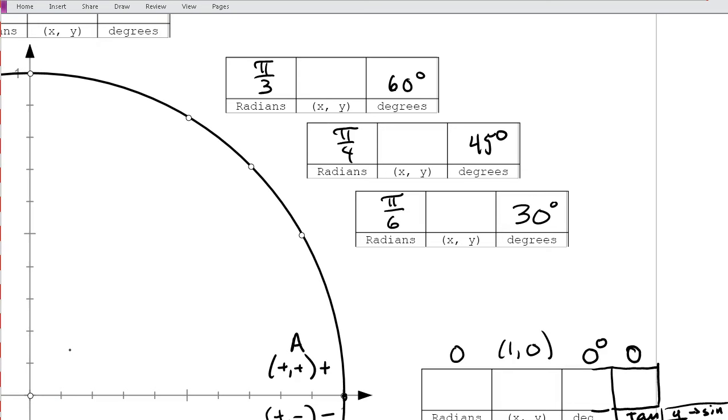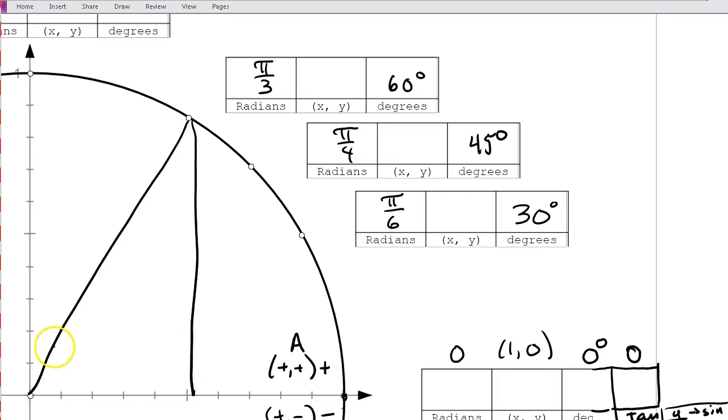So let's go back and take a look at a triangle. And all of these triangles are going to be special right triangles, okay?